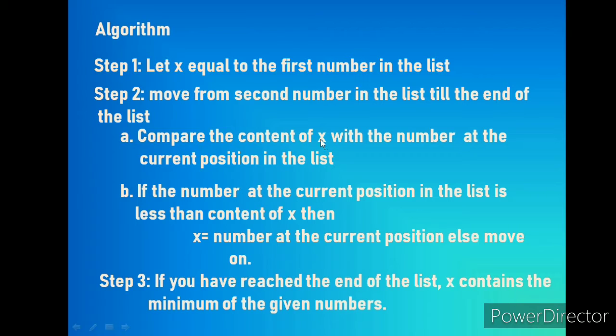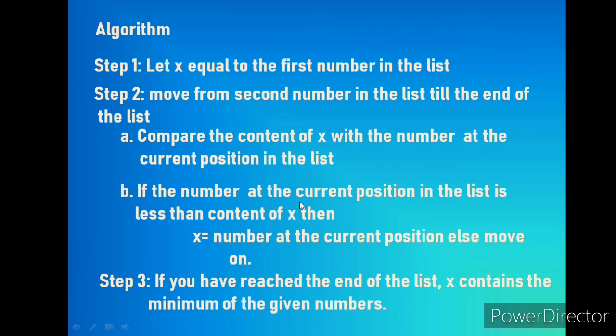content of x with the number at the current position in the list. It means whatever value we have assigned to x, with that x we have to compare the value at the current position in the list. It means we have to compare the value from the second position in the list.